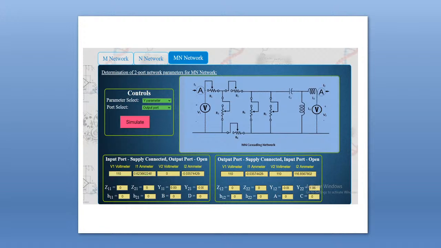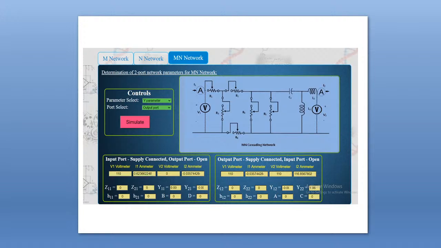Arijit, have you already got y11 as zero? Have you used the same network? The values of resistance, capacitor and inductor are the same as the last experiment. Check the values of y11, y21, y12, y22.